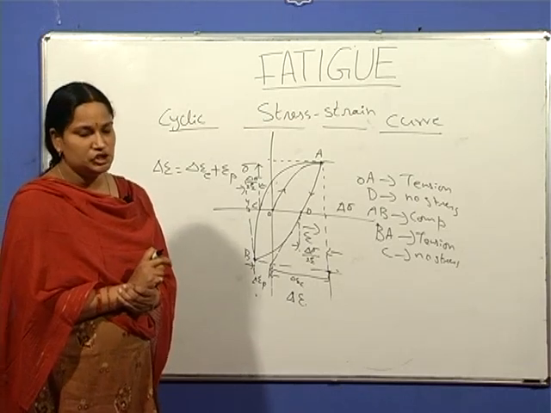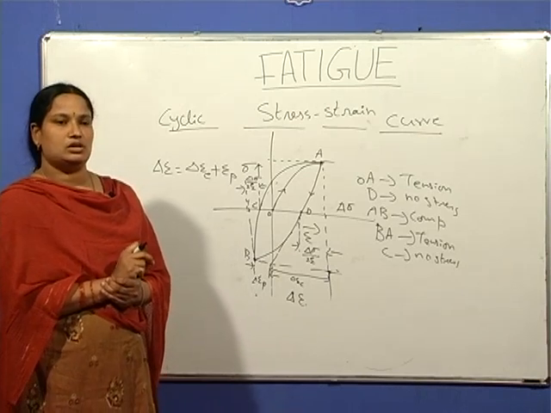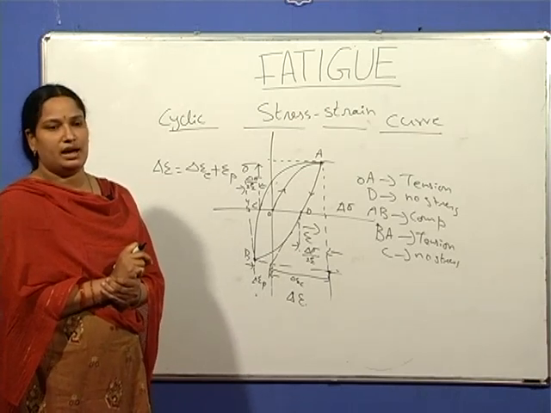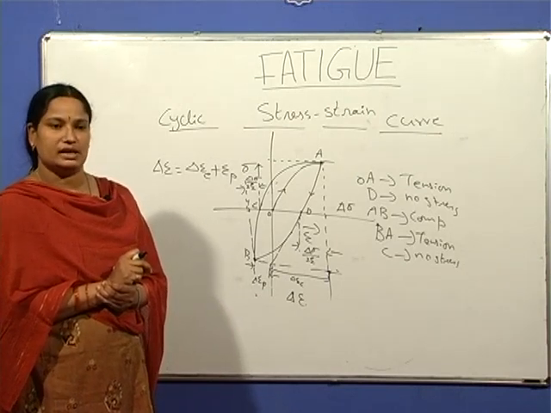If the initial condition of the material is annealed and it is subjected to constant strain amplitude cyclic loading, then the material will undergo cyclic hardening.